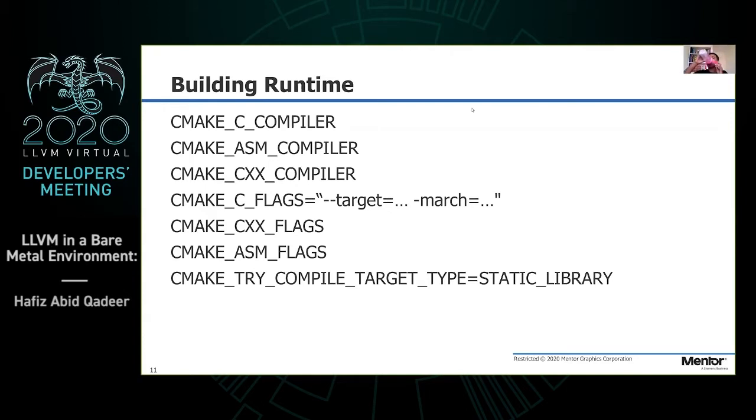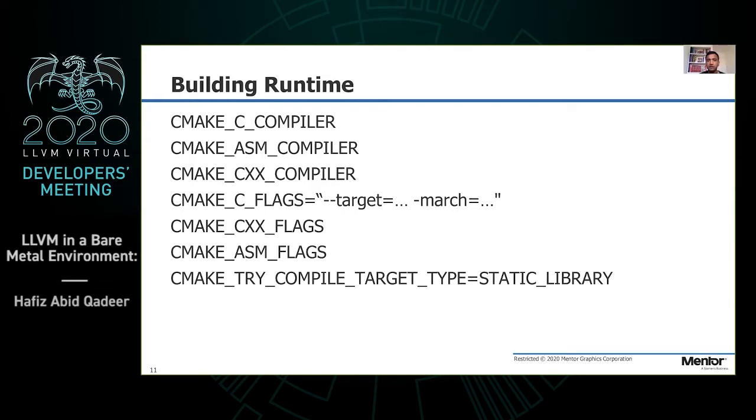This slide shows some of the common variables that will be needed by most of the libraries. The first three are used to set your compiler. This will be the Clang that we just built. Then you will pass it the C flags and the CXX flags.